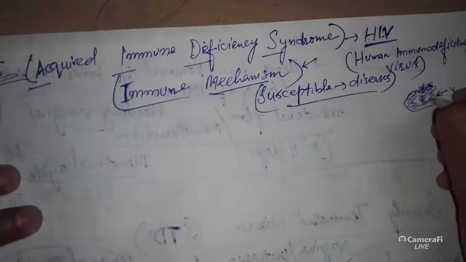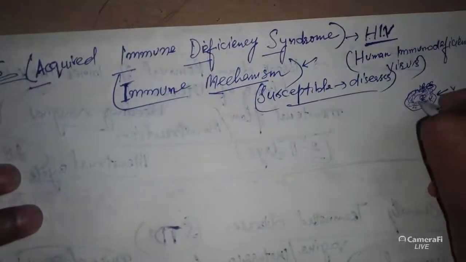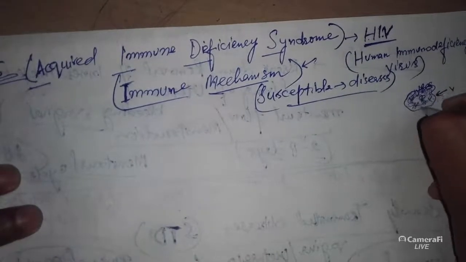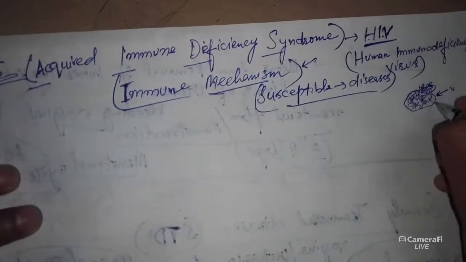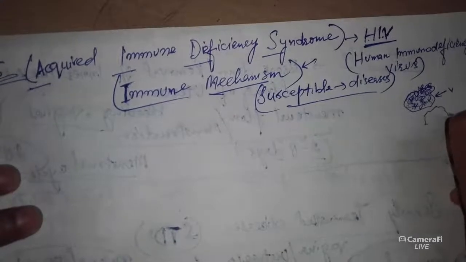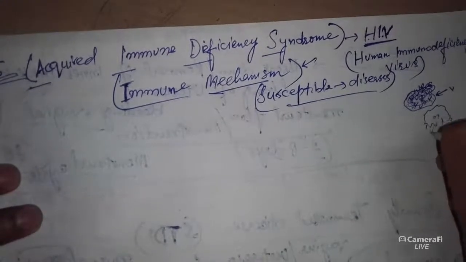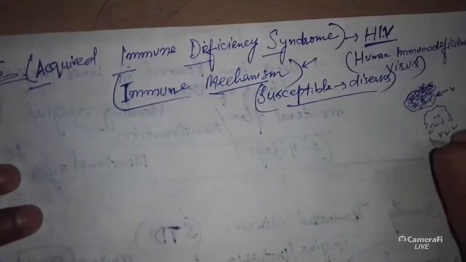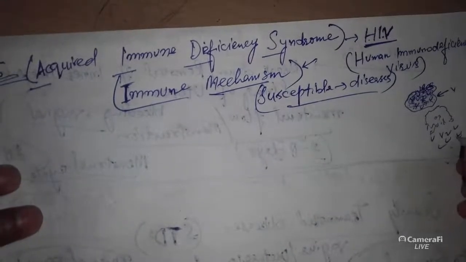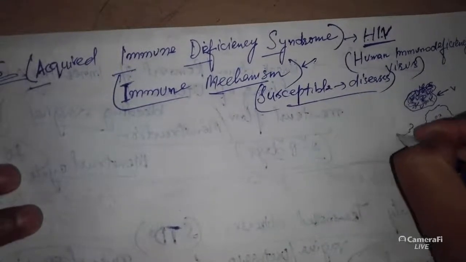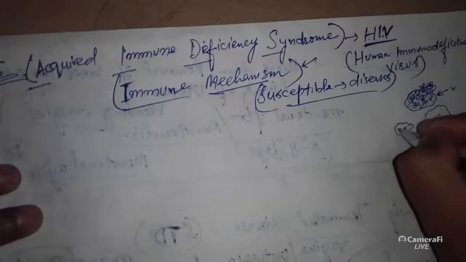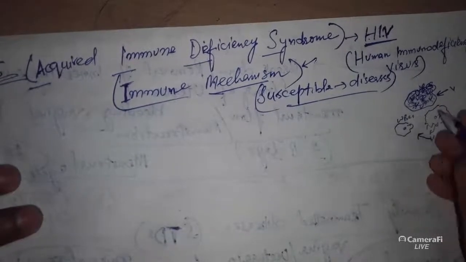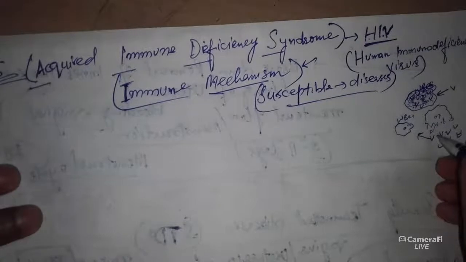Because of that process, it increases its population inside the cell itself. Then finally the cell has to burst, breaking into pieces and giving out a lot of viruses. These viruses go individually and attack new healthy WBCs. Okay, so in this way such a patient has a problem.